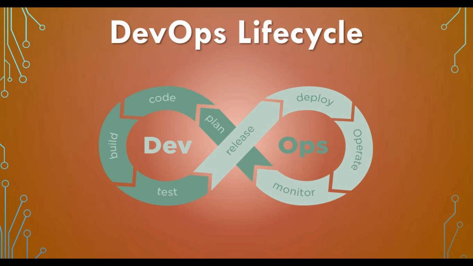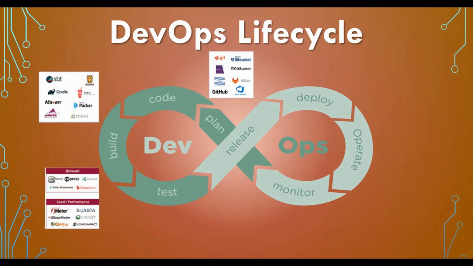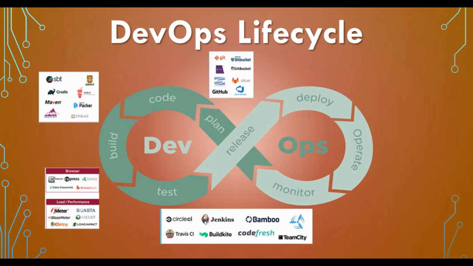On all these phases we may be using different kinds of tools like Git, Bitbucket, GitHub and GitLab. Some build tools like Maven, Gradle, MS Build, or some testing tools like Selenium, JMeter. Different kinds of tools will be used in different stages.